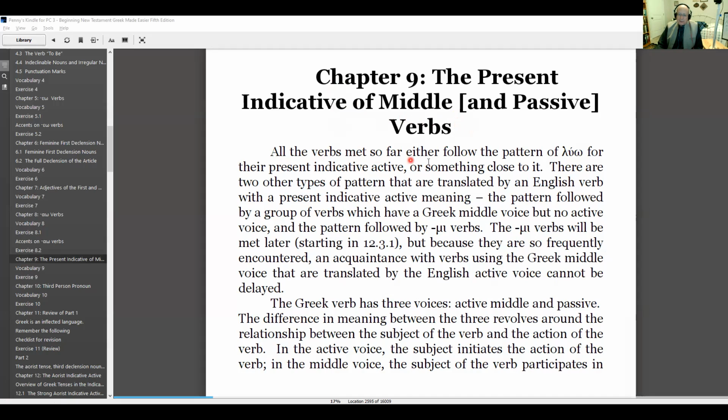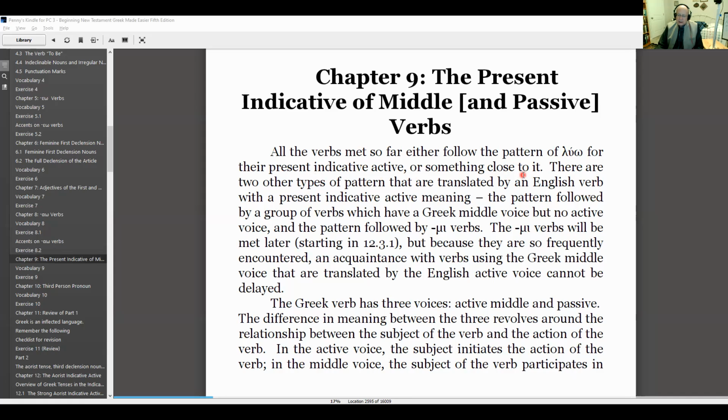All the verbs met so far follow the pattern of luo for their present indicative active. This means present tense, indicative mood, and active voice, or something close to it. By something close, he means, for example, the epsilon omega verbs and the alpha omega verbs.